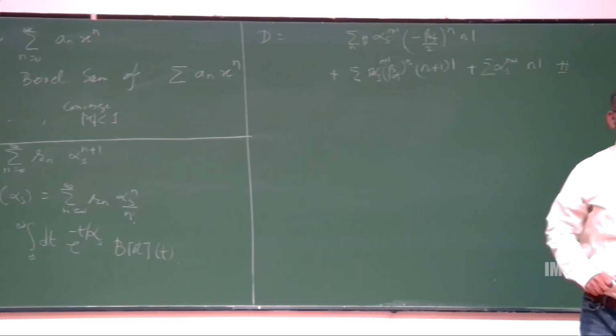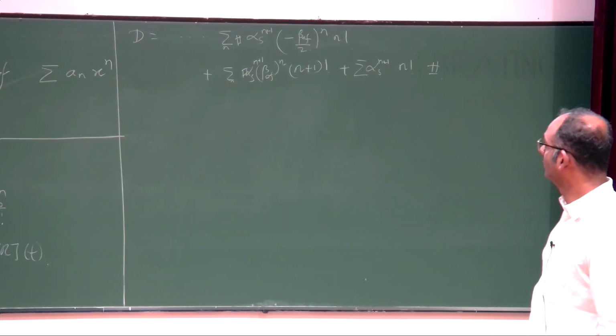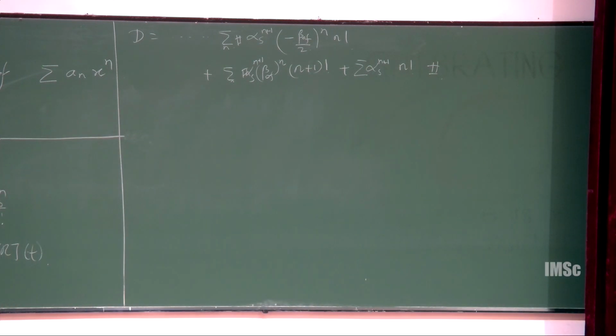Shouldn't there be n plus 1, alpha raised to power n plus 1? Where? The transformation. Here? No. Yes. This one? Yes. I think so, that should be correct. Or let me see.